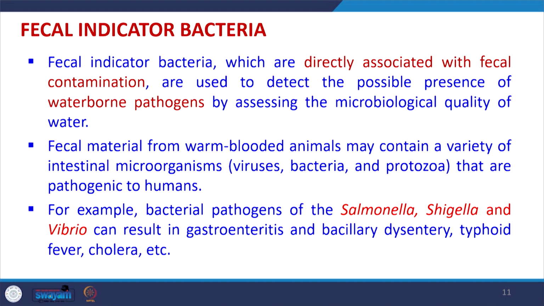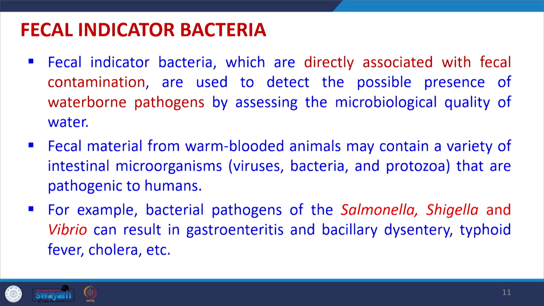Now, the simple indicator used in water quality estimation is called fecal indicator bacteria. We determine the fecal indicator bacteria, which is directly associated with fecal contamination, and it is used to detect the possible presence of water-borne pathogens. This can be determined by simple water chemistry persons who are doing the analysis of water in the lab.